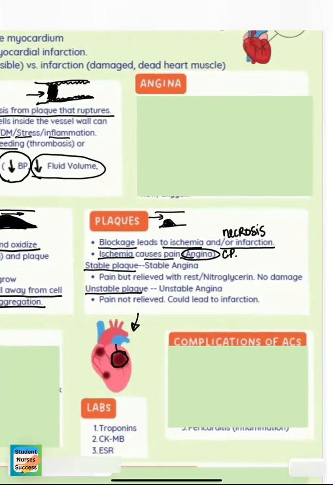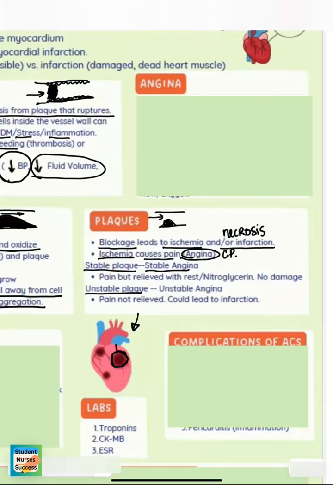Stable plaques lead to what we call stable angina. With stable angina, you have chest pain, but that chest pain is relieved with rest. What causes chest pain is when you have increased demand or increased activity, you need increased blood flow through that artery to get to the heart muscle to increase its rate and to increase cardiac output to support that activity.